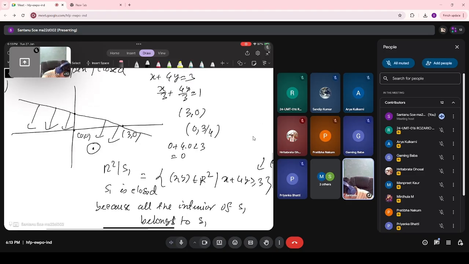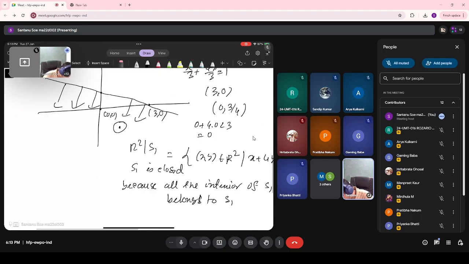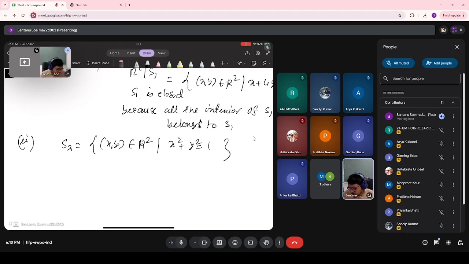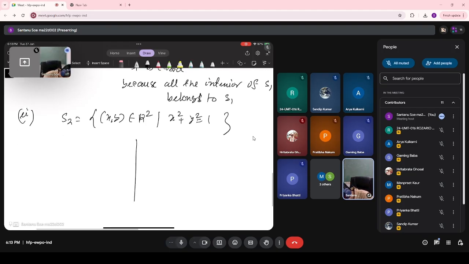Okay. Now what about the set S2? S2 is nothing but a circle, right? A unit circle. So now this circle looks like this. The center is at the point 0, 0 and the radius R is 1.